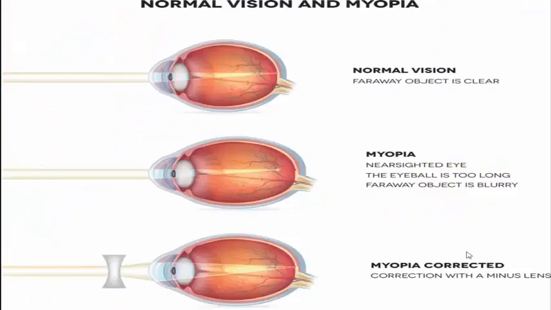In normal vision, a far away object is clear. But in myopia, the nearsighted eye, the eyeball is too long and a far away object is blurry. Myopia is corrected with a minus lens.